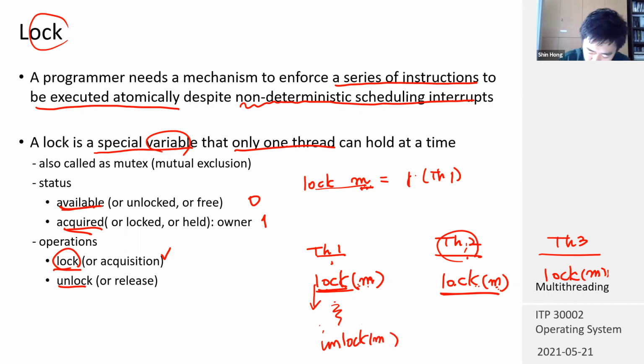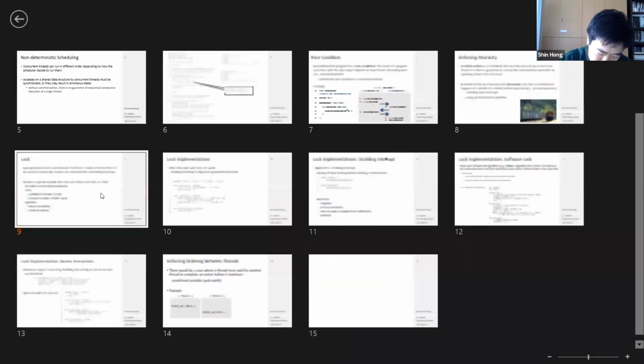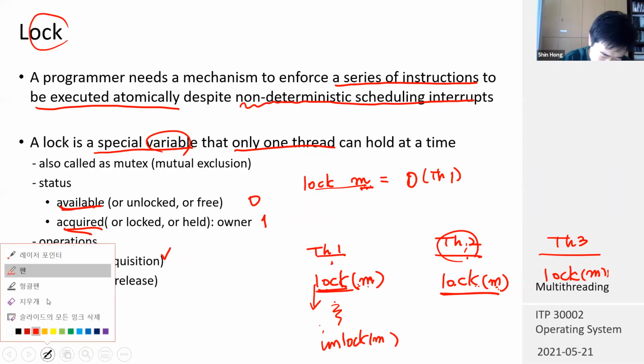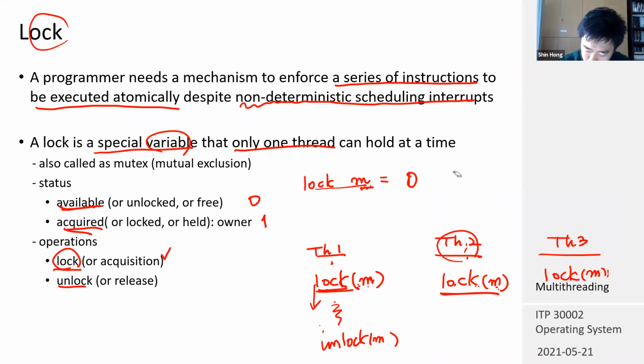Then what? Who will get the lock here? Basically, there is no ordering. As the lock becomes available again, one of the threads that is waiting to hold lock m will hold the lock and proceed with execution.